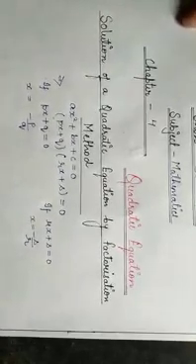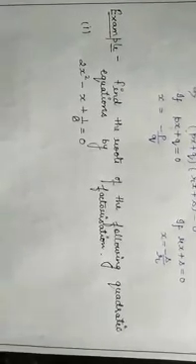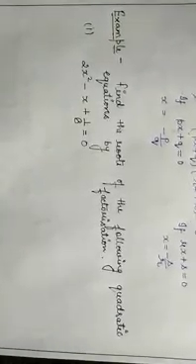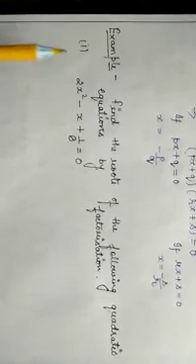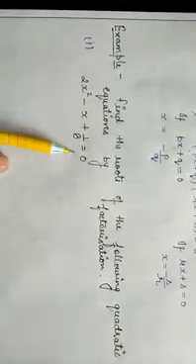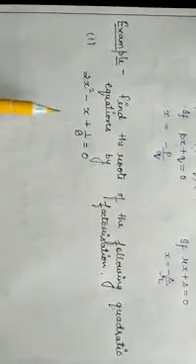By this procedure I am going to solve our example: find the roots of the following quadratic equation by the factorization method. The quadratic equation is 2x square minus x plus 1 upon 8 is equal to 0. First of all I am going to simplify this quadratic equation.